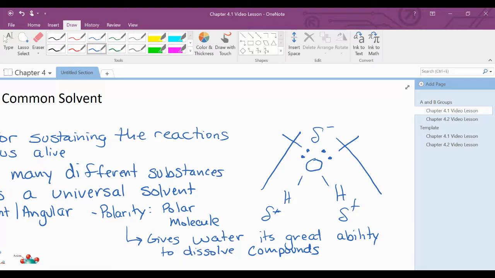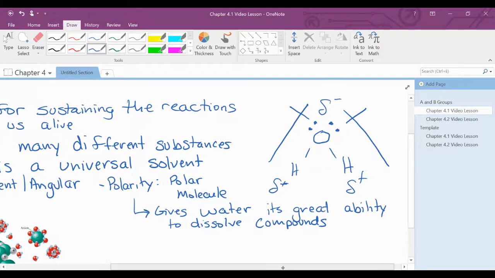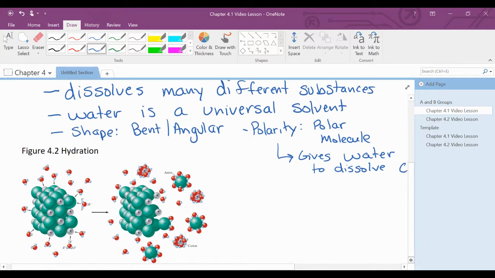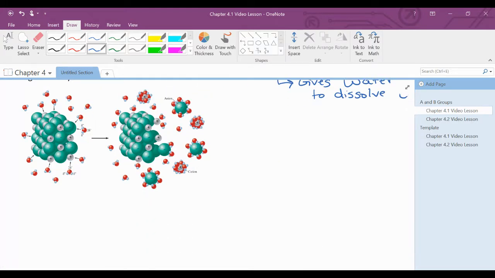So what we want to look at next is hydration. And so figure 4.2 does a good job of illustrating hydration. So here are our water molecules. And then you have your ionic compound in the green and gray, that crystal lattice structure.